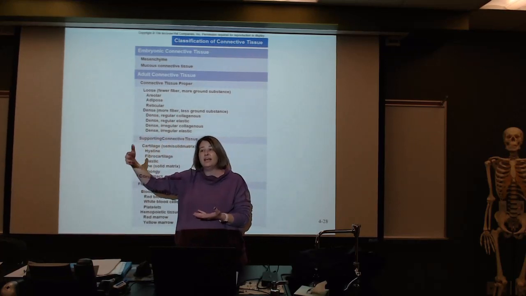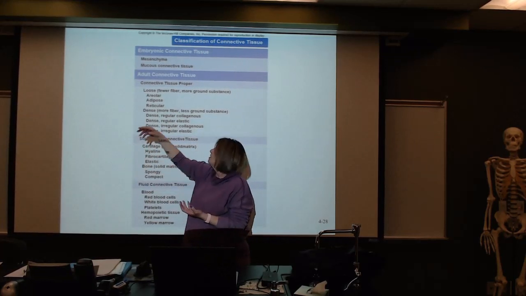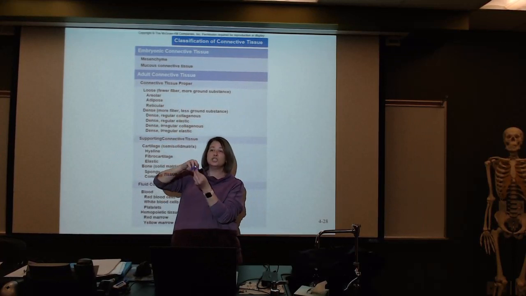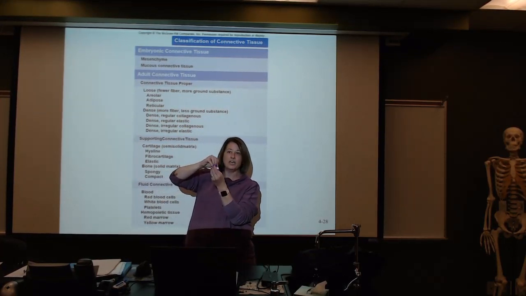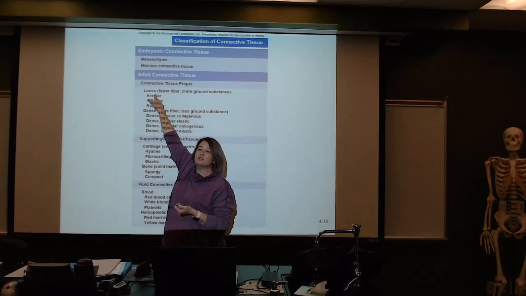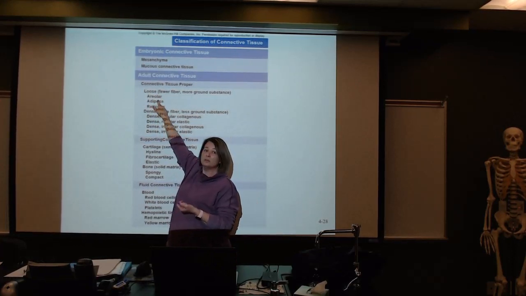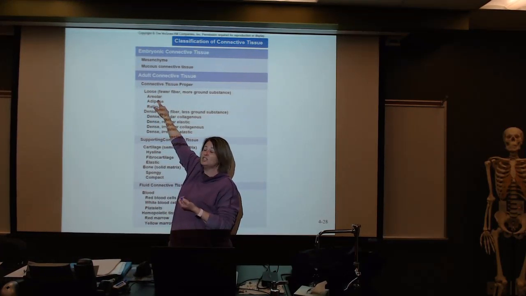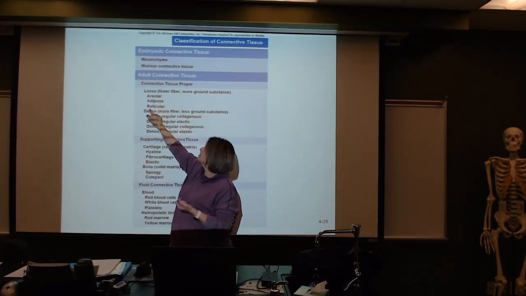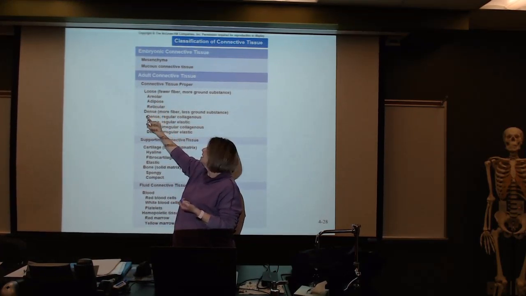Just like their name implies. Think about the smushy type of Jell-O, okay? That's our loose. We find areolar, loose connective tissue, adipose, and reticular.